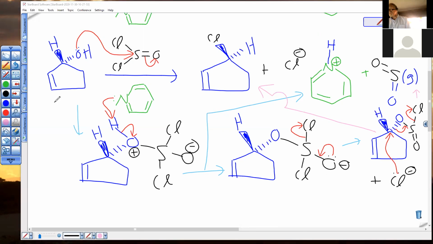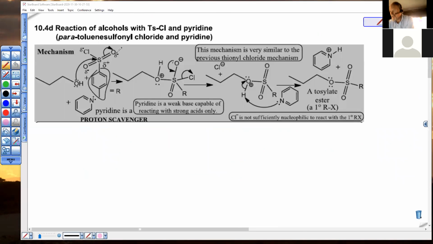But this time the sulfur has 2 double bonds to oxygen. And it's got that short form we've been seeing, TS. TSCl, para-toluene sulfonyl chloride. Toluene is methylbenzene.